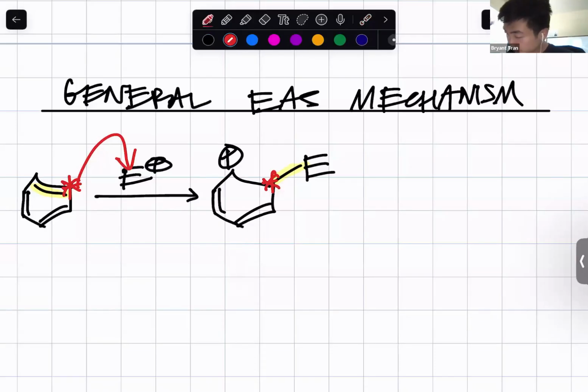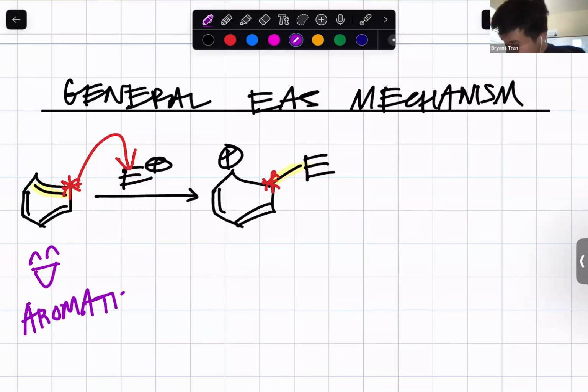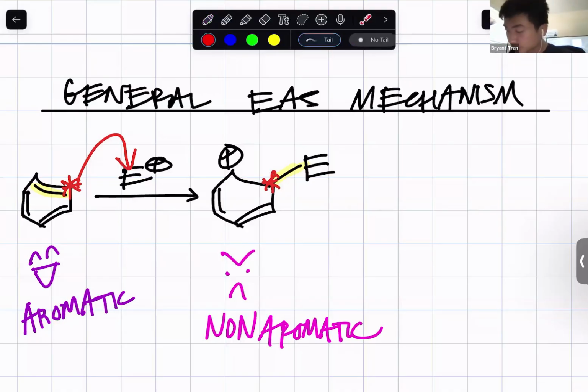Before, this benzene was aromatic, happy, and stable, but now it's sad, angry, less stable, non-aromatic, because it is not fully conjugated. There is an sp3 roadblock there.